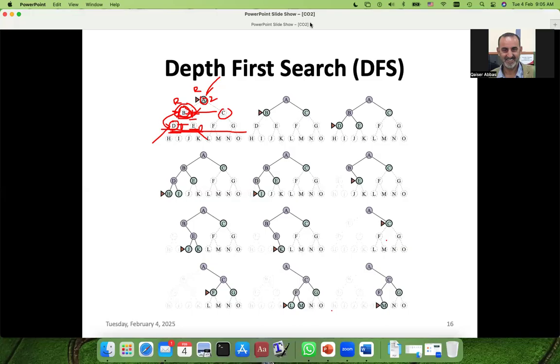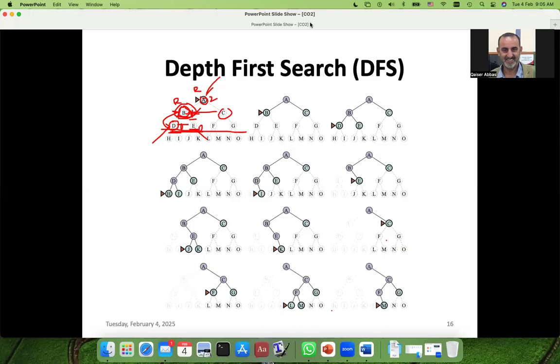So for example, I'm just drawing a tree. I have further nodes, but I'm not drawing them, because in this example I will go up to only this level. Now, the algorithm is in front of us.